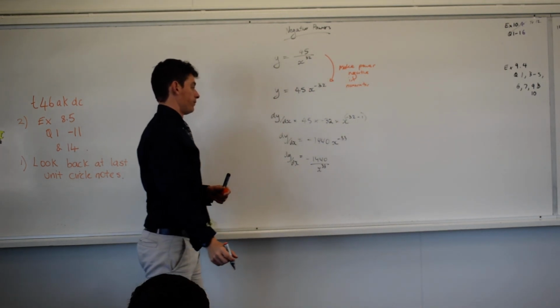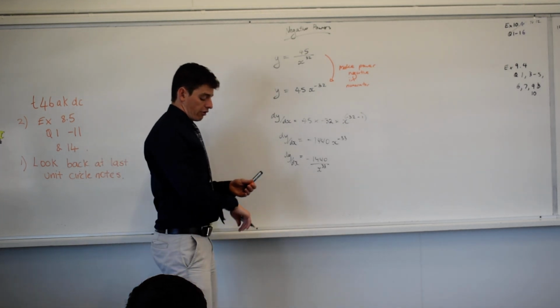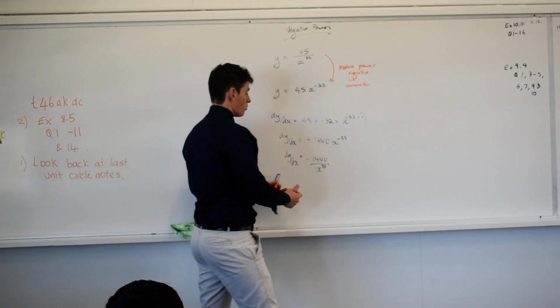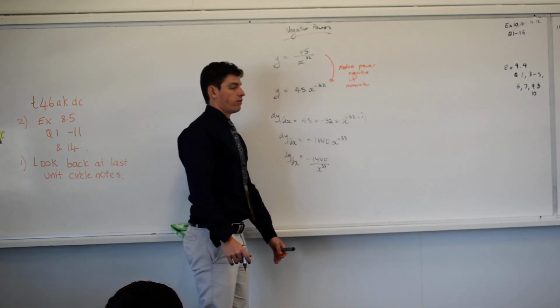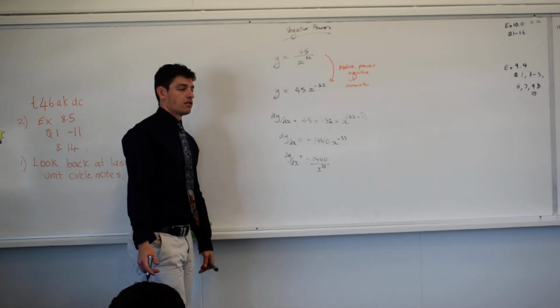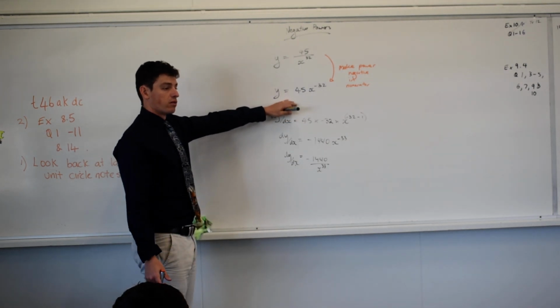Then what did I do? Derived it. Did I use some magical trick? No, I just used the normal power rule, correct? Then what did I do? Turned it back into a fraction. Not a lot in that, correct? The real step is that first one.